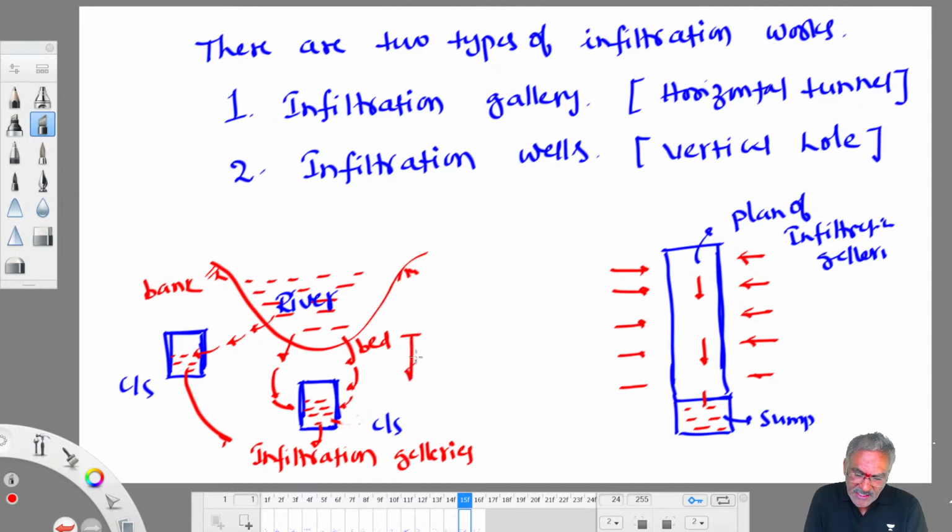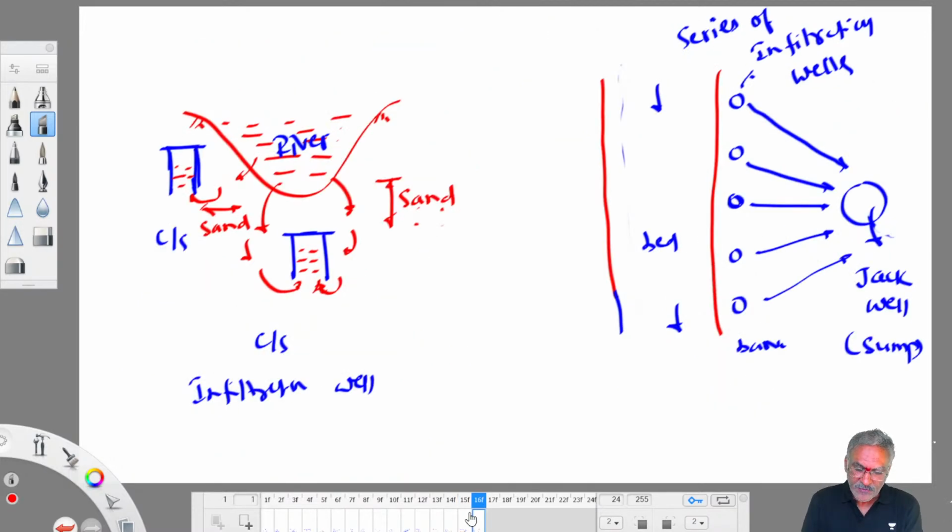Water has to travel a certain distance through the sand strata before it is collected, so water is purified and we get high quality water. No further treatment is required, we can supply it straight away to the public, because sand is a very good filtration material which retains impurities. Sand is a natural filter media.